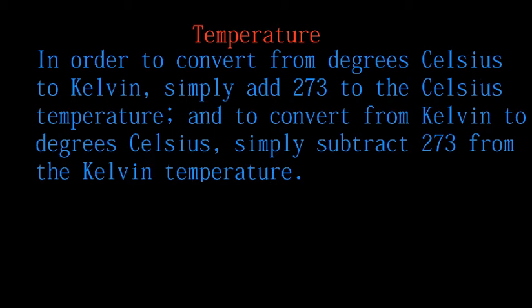So let's look more carefully at the Kelvin scale and the Celsius scale. First of all, Kelvin, there are no negative numbers. It's an absolute scale. The coldest it gets is when molecules have stopped moving. That's called 0 Kelvin. That's absolute zero. And 0 Kelvin is very, very cold.